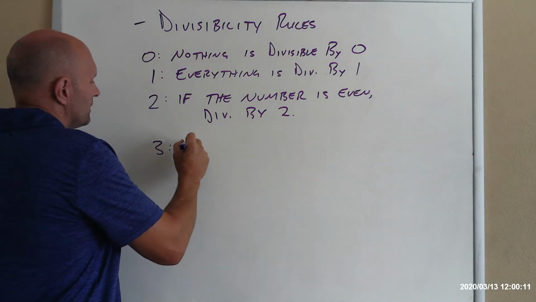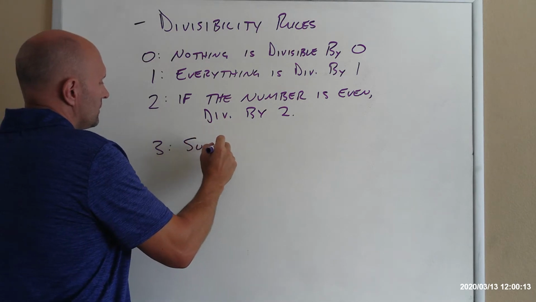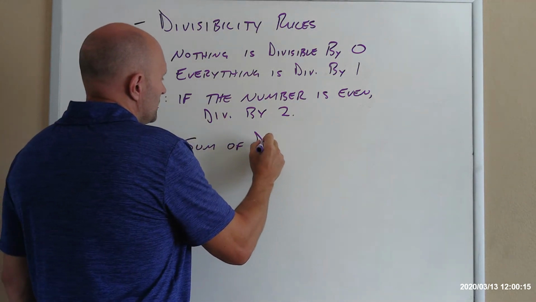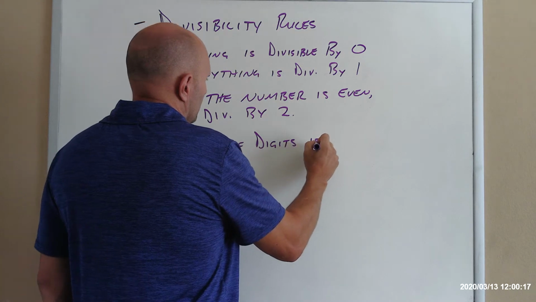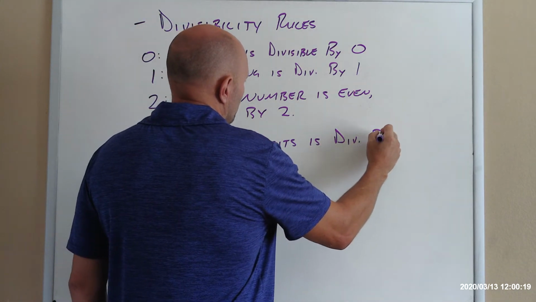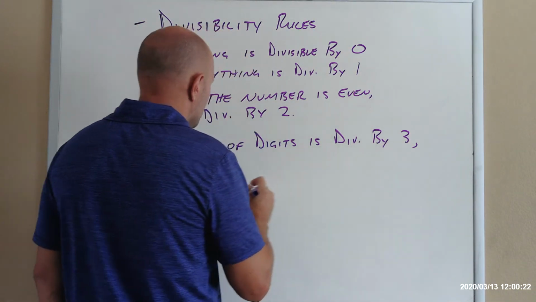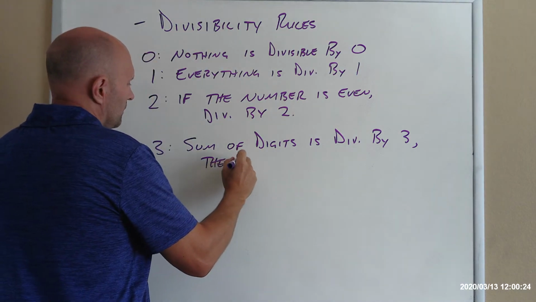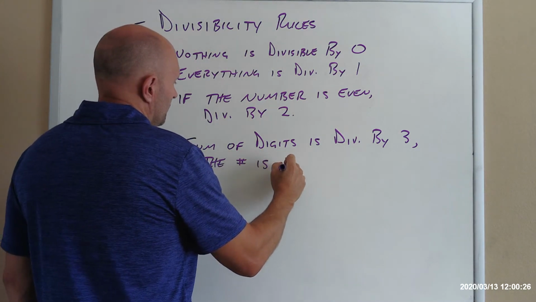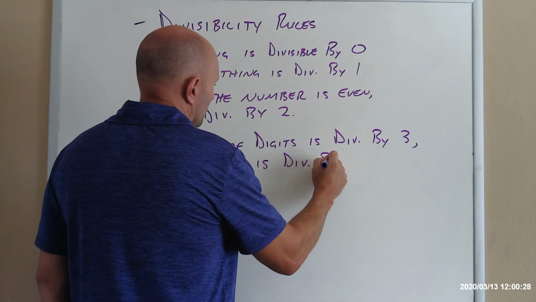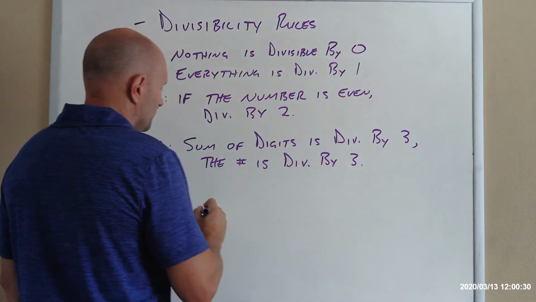Number 3, if the sum of the digits is divisible by 3, then the number is divisible by 3. Let's look at an example.